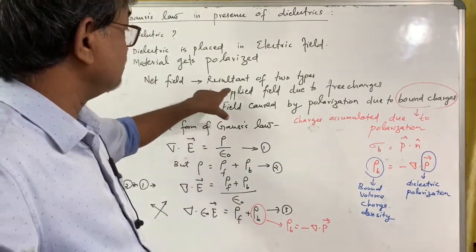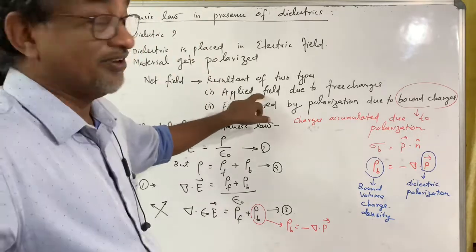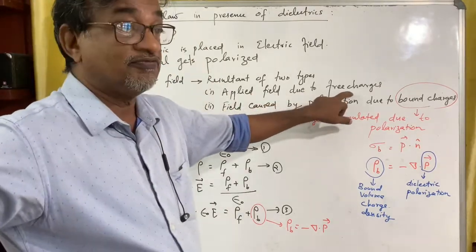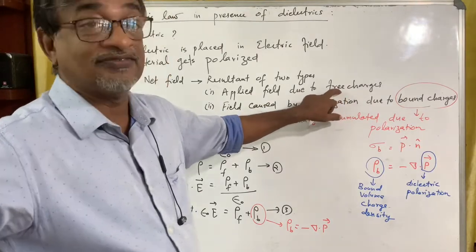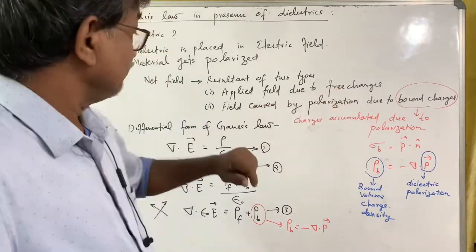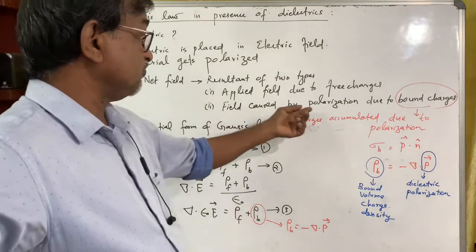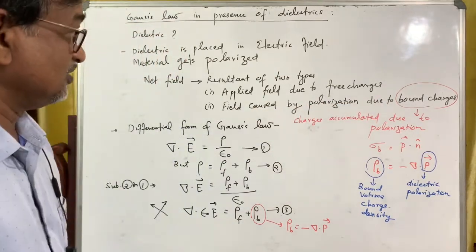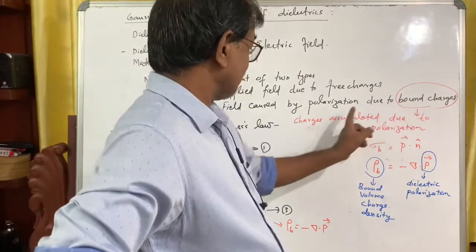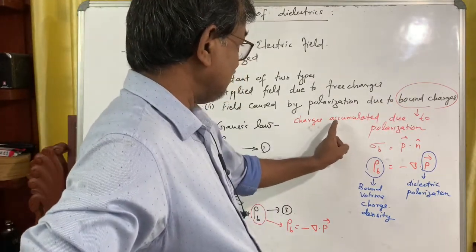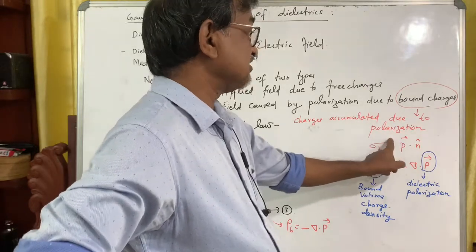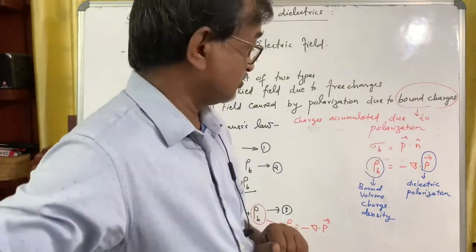First is the applied field, and this applied field is due to the presence of free charges. And the second one is the field caused by polarization due to bound charges. What are bound charges? The charges accumulated due to polarization are called bound charges.